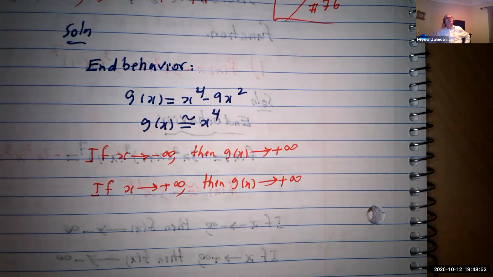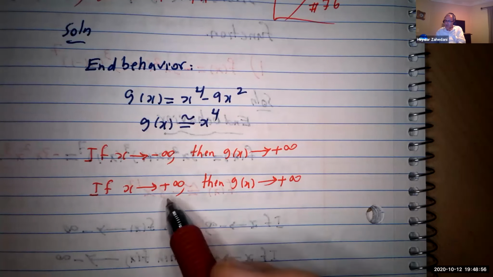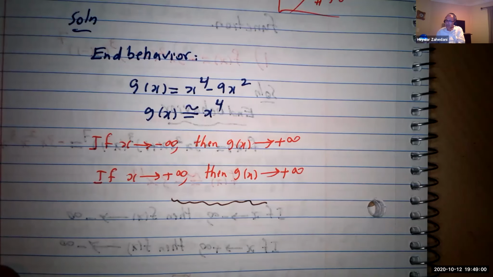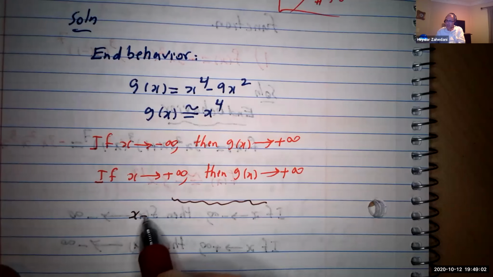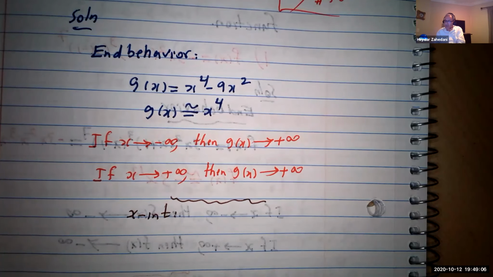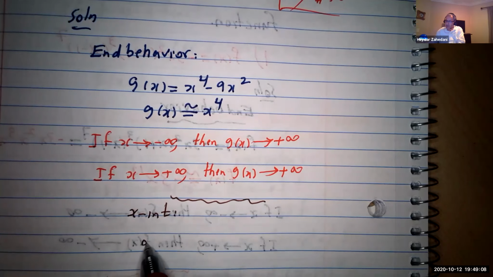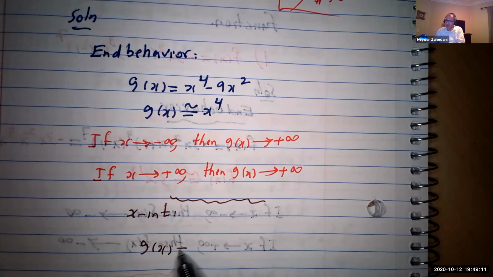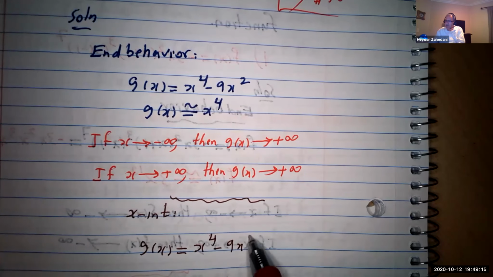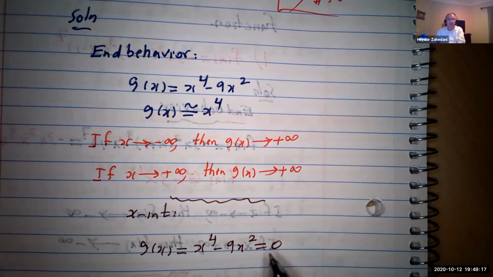That will be useful when you want to get the actual graph. So that is your end behavior. Now we need the x-intercepts. For the x-intercepts, you have to solve this equation: g of x equals x to the fourth minus 9x squared equals 0.